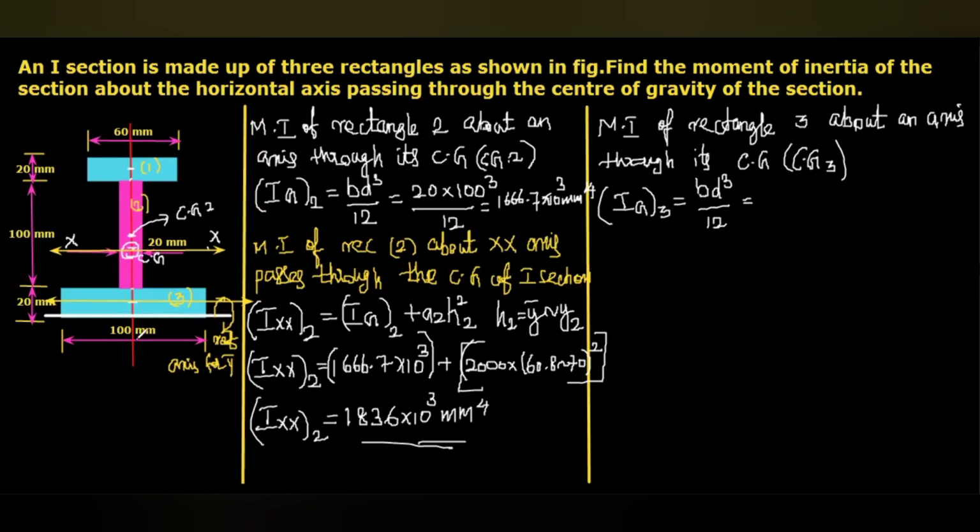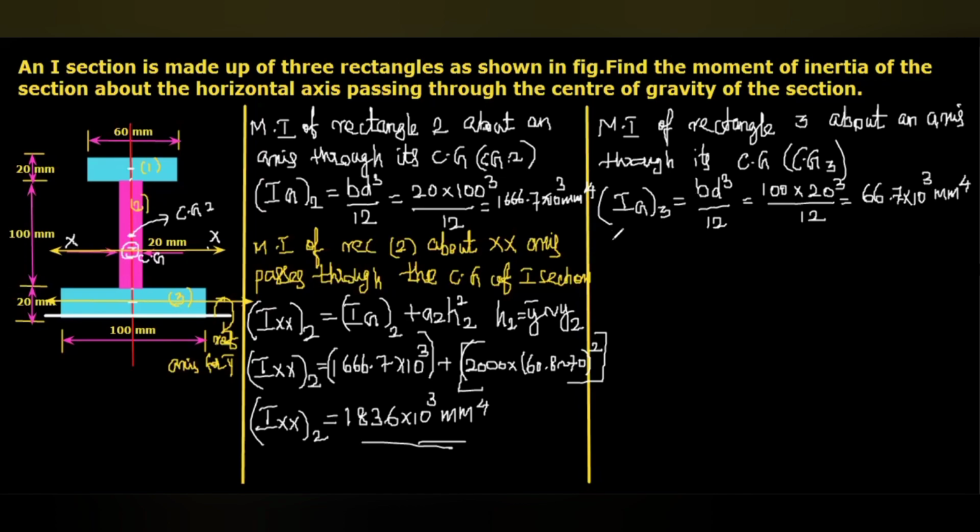For the third rectangle, B is 100, D is 20. So 100 multiplied with 20 cube divided by 12. By the simplification, we will get the Ig3 value 66.7 multiplied with 10 power 3 mm power 4.